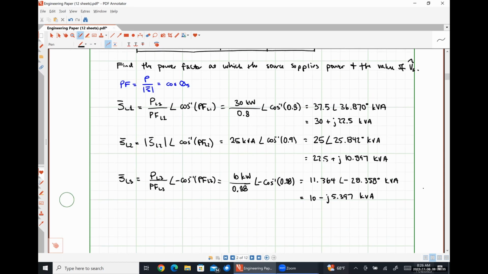I'm going to add all of these together and find the total power absorbed by what's called my composite load. So that's just going to be SL1 plus SL2 plus SL3.